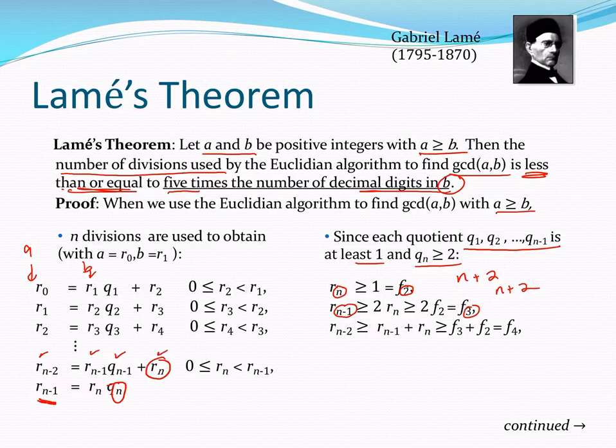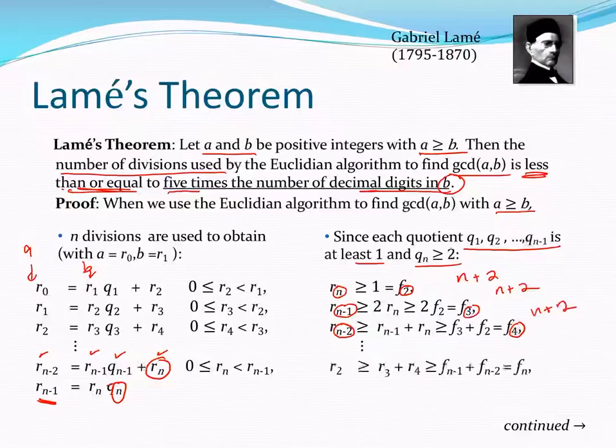Well, Rn minus 1 is greater than or equal to Fibonacci 3, and Rn is greater than or equal to Fibonacci 2, and the sum of those is Fibonacci 4. So Rn minus 2 is greater than or equal to Fibonacci 4, and you see their indices sum to n plus 2. Well, that index relationship will just continue all the way down.